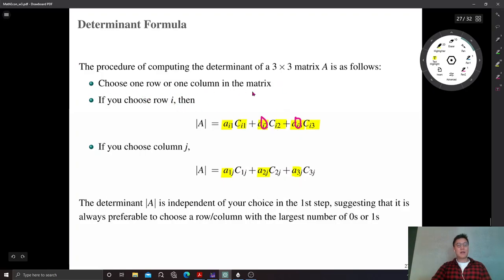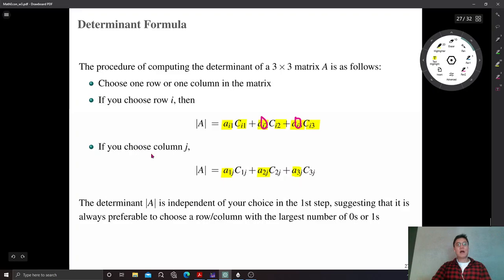At the first stage, for computation of the determinant of a 3 by 3, we need to choose one row or one column in that matrix. If we choose row i, then determinant A is going to be a linear combination of the entries in that row and the corresponding cofactors.